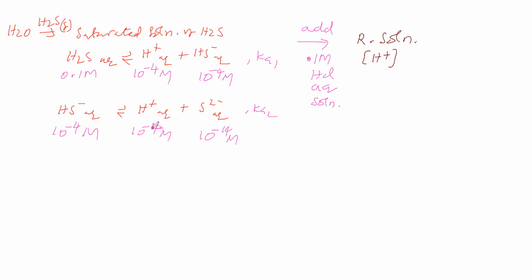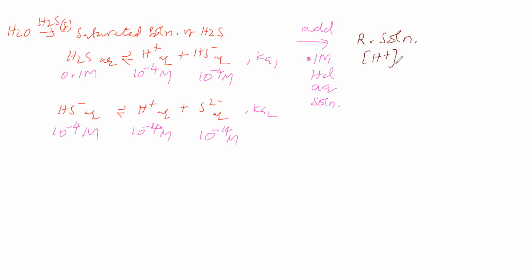Now you are adding something externally into this system. This HCl gives H plus ions to the system. So what happens to the concentration of H plus in the resultant solution?